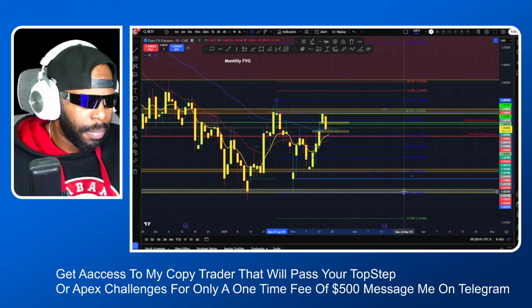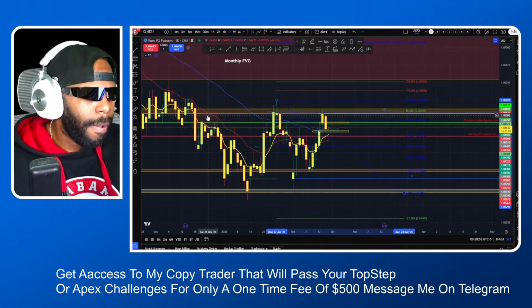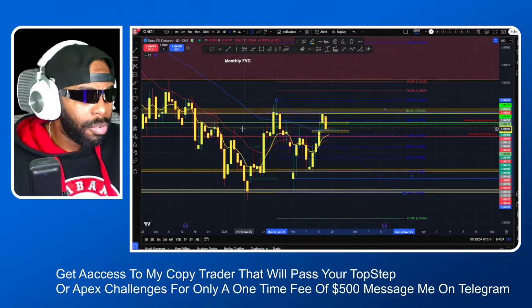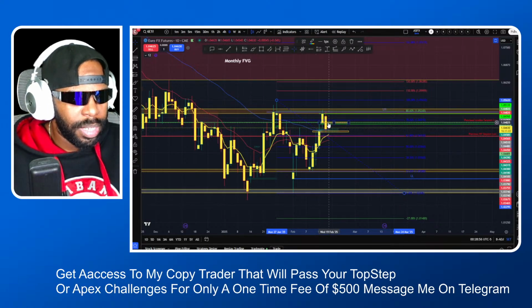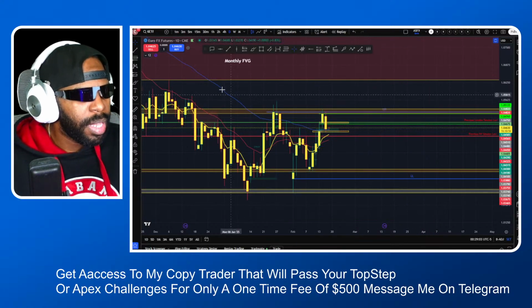That's a major reversal level. Price likes to reject these levels, the 88.6, the 78.6, the 61.8. Those are price reversal zones, and you can take your entries based off of those levels if you guys want to also use the Fibonacci retracement. But that's the daily.